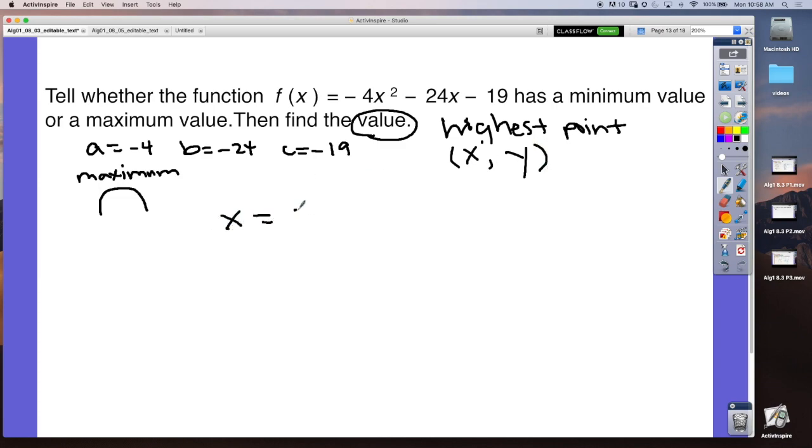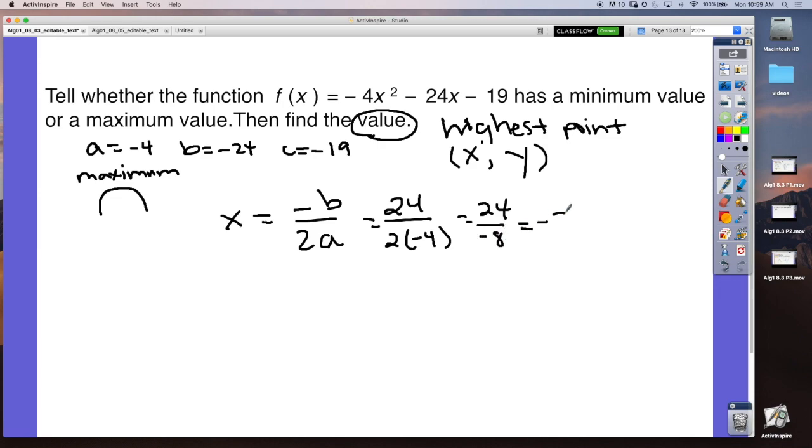X equals opposite of b over 2a. Okay, so that means that this is positive 24, because it's the opposite of b, over 2 times negative 4. So it is 24 over negative 8, and it is negative 3.